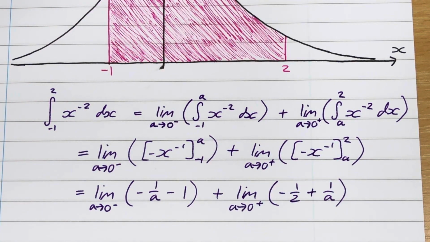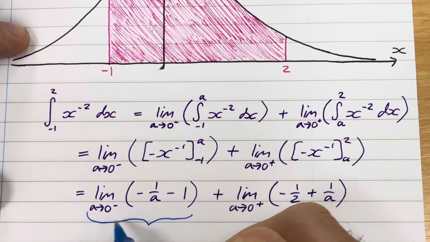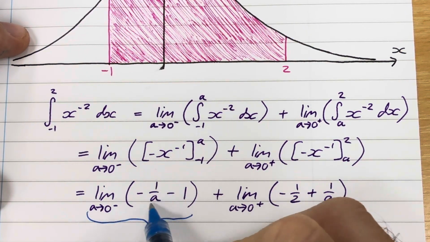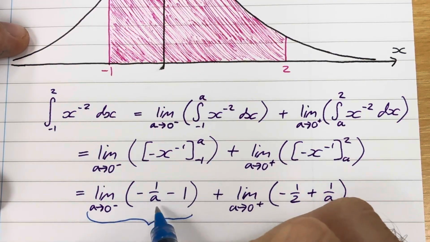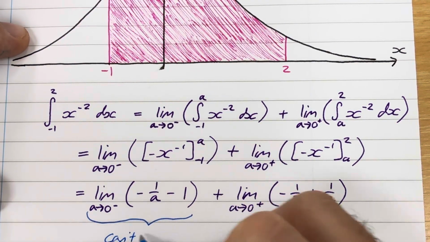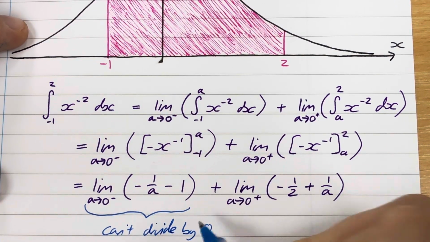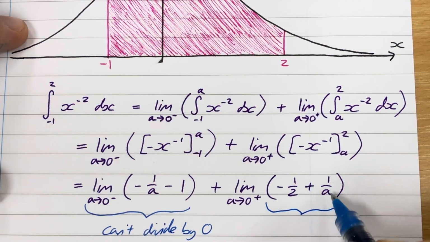Okay. Now, the problem with this is when I try and plug in a as 0 into this expression here for a, then I end up trying to divide by 0. So I can't divide by 0, that's not allowed. Same thing occurs here, I can't divide by 0.